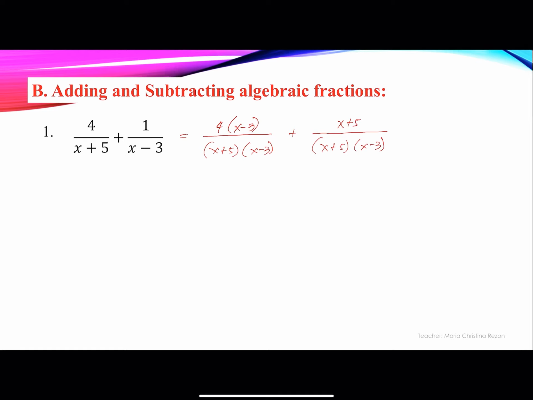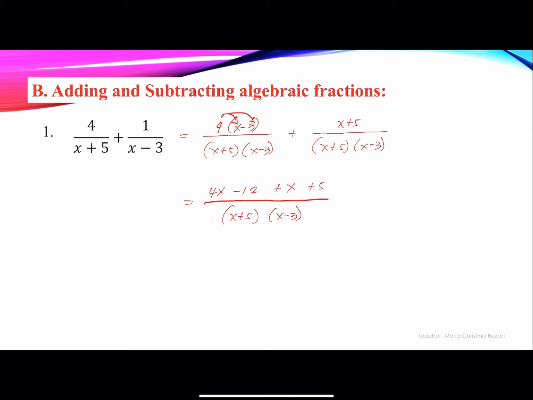Then simplify, so you can distribute that. You will have 4x minus 12, and then plus x plus 5, all over, you just copy the common denominator, x plus 5 times x minus 3.